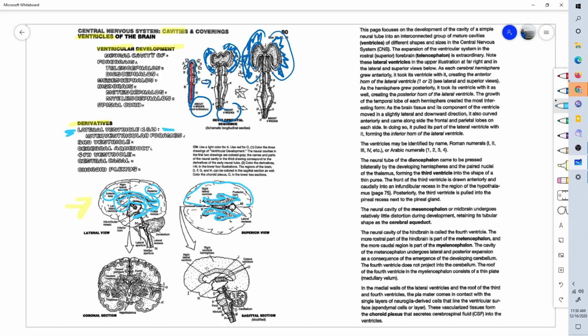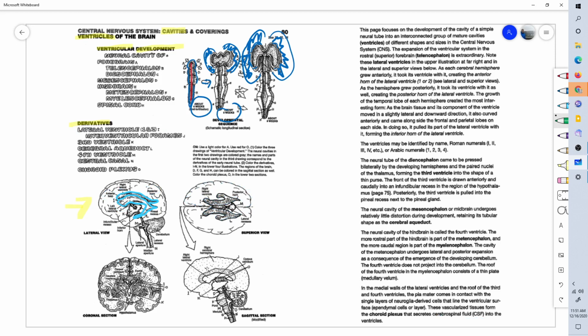Actually, they're not empty. They're filled with fluid that circulates around your brain and spinal cord. That fluid is called cerebrospinal fluid, CSF. Here it is down here on the right.